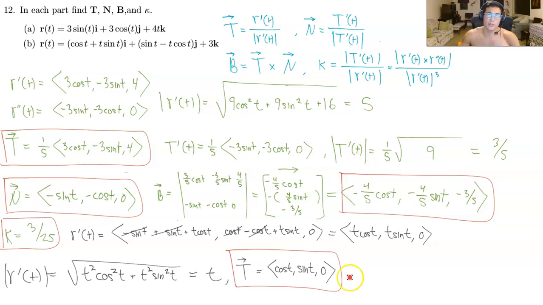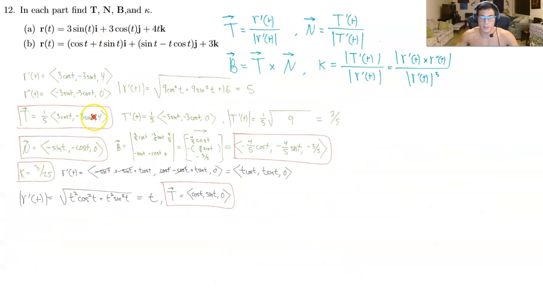And yes, I will now start making more space. Okay, now that we found this guy, we want to find this guy. So we should take this guy's derivative. So T'. Right, what does that turn into? Well, that turns into negative sine t, cosine t, 0. And then we take its norm.